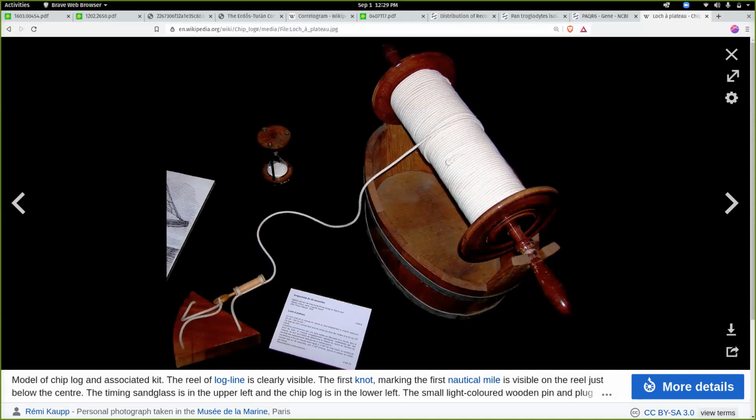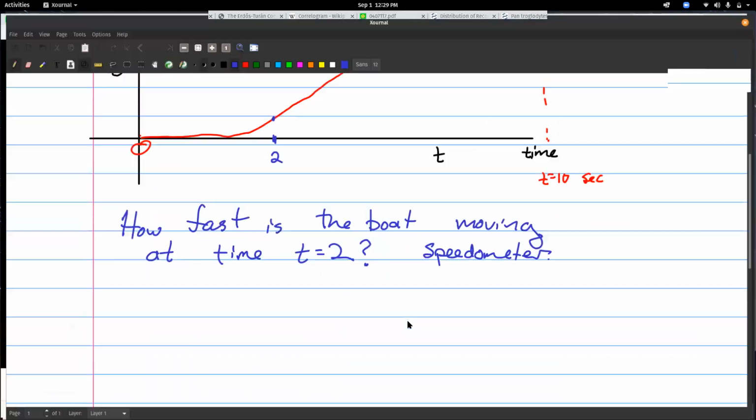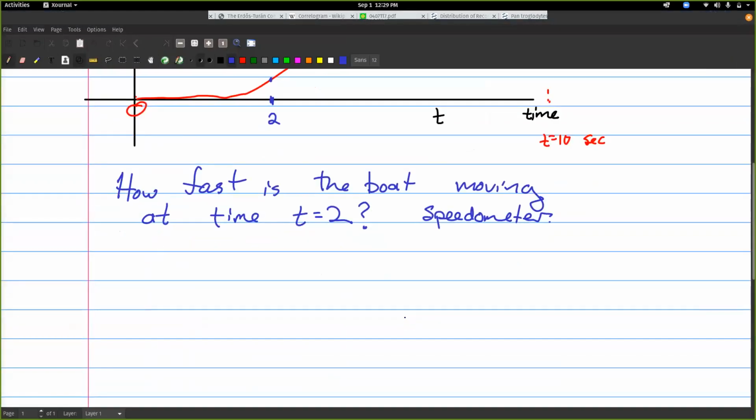So roughly the idea there, if we come back here, is they look at a little bit of distance. The distance that they go is how far the rope gets unspooled, and the time that's elapsed is however long the hourglass lasts.